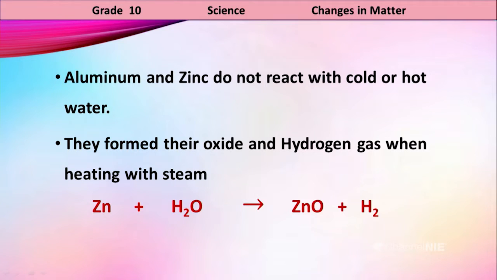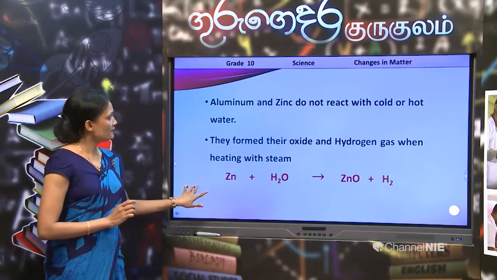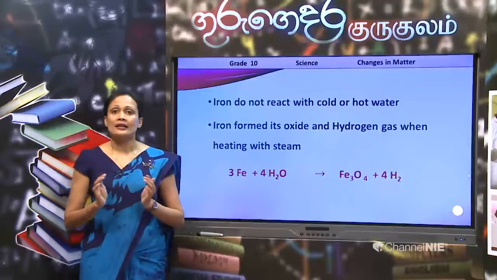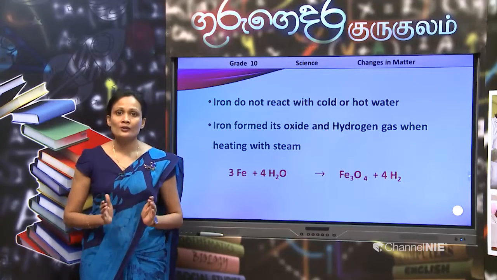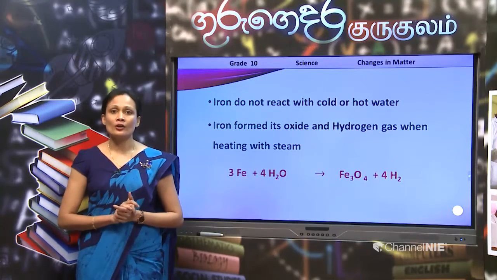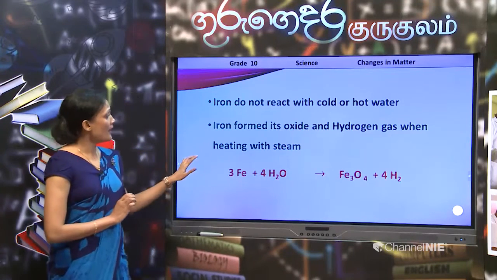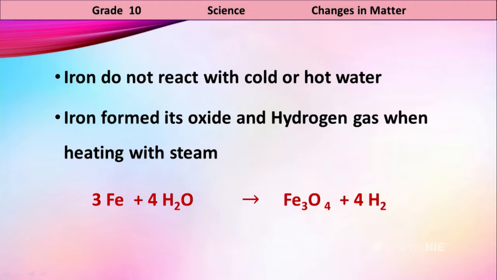Now think about iron. Iron does not react with cold water and also not with hot water. But iron forms its oxide and hydrogen gas when heating with steam. Here, look at the equation.